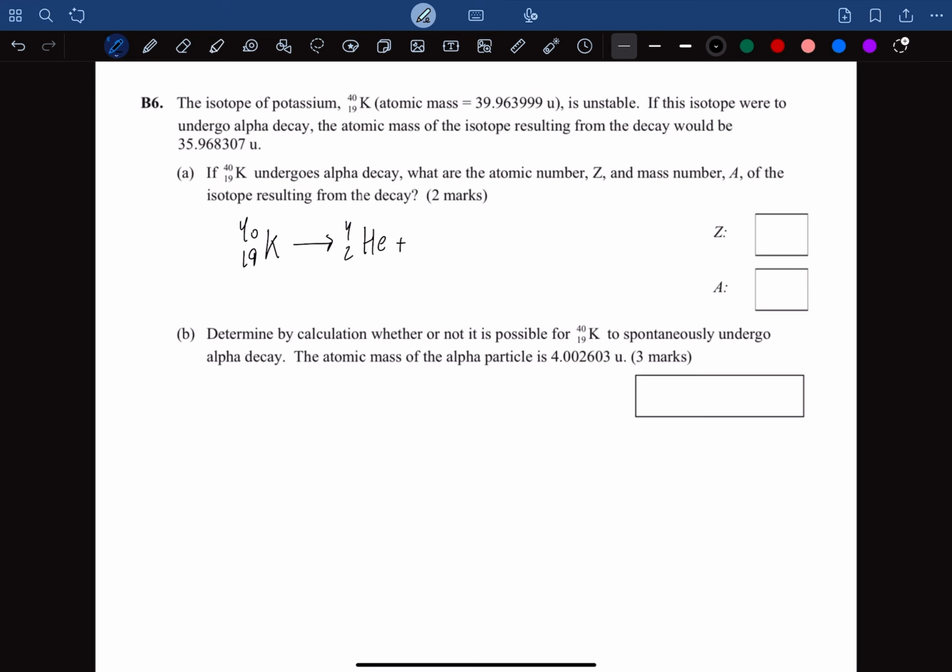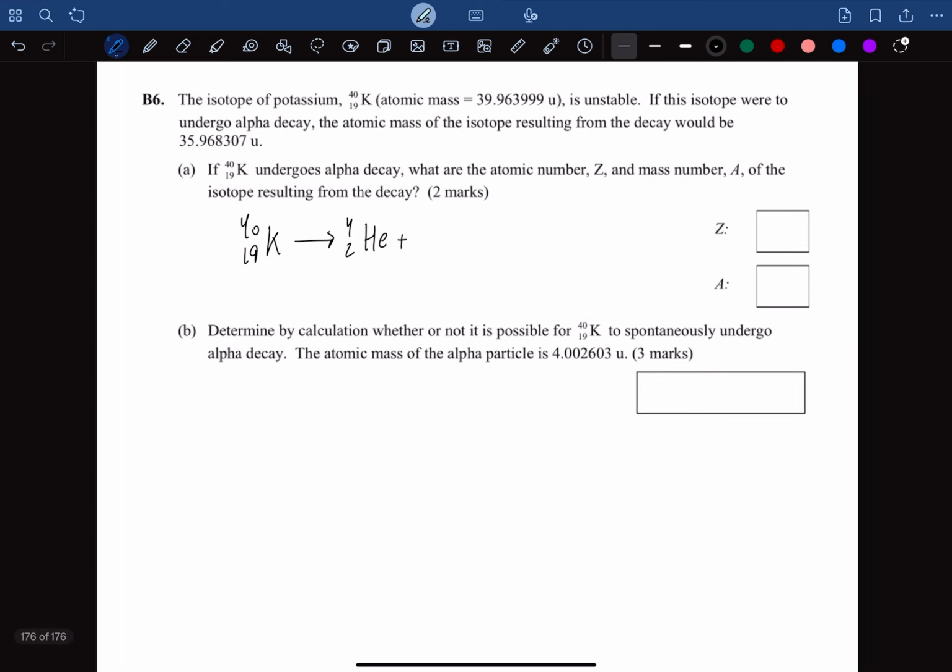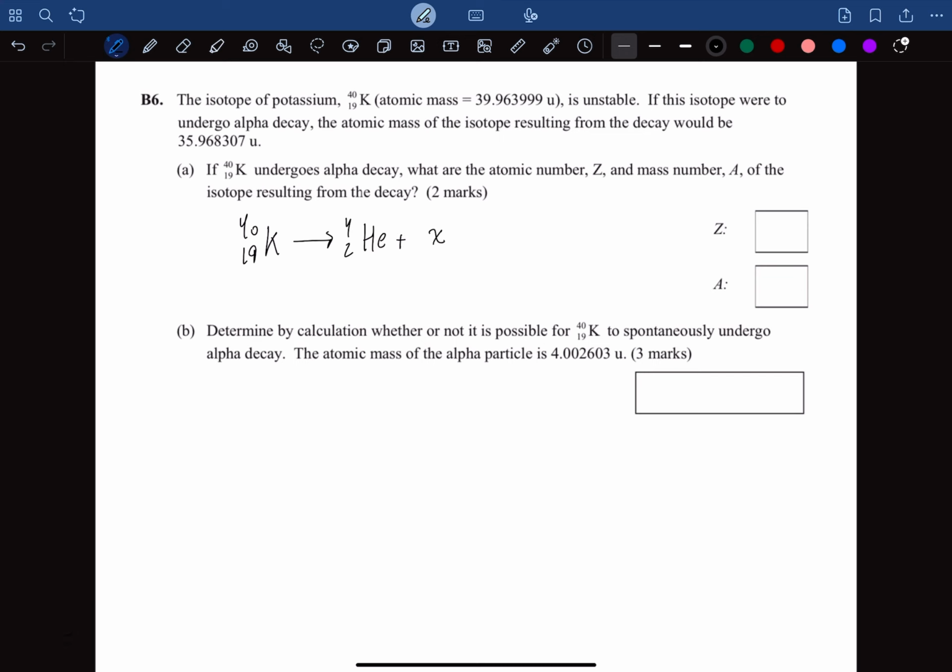I have a periodic table here, but if you didn't, you could just leave this as X. We know we have to subtract 4 from the A number, so we're going to be left with 36. Then we have to subtract 2 from the atomic number, the Z value, and we get 17. We can just leave X here, but I have my periodic table, and 17 is chlorine, so I'm just going to write chlorine here.